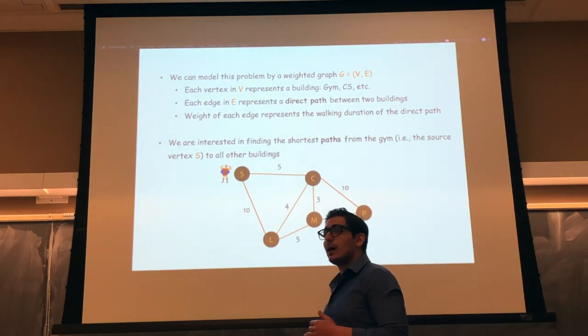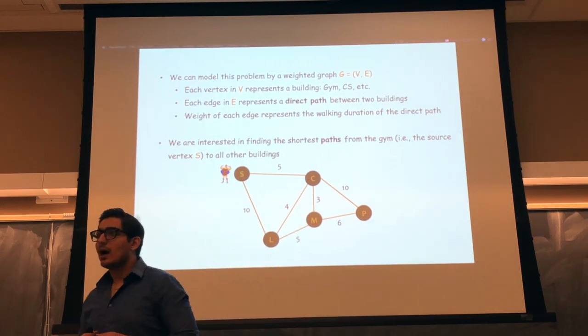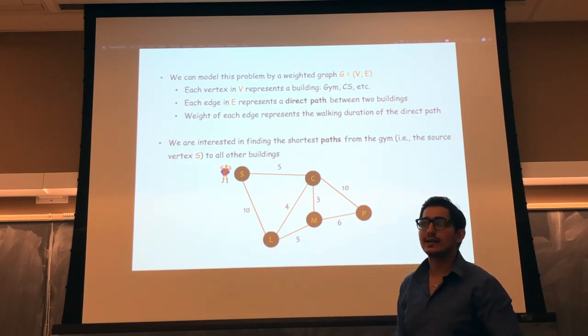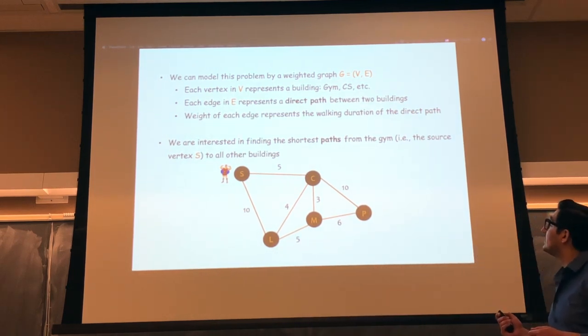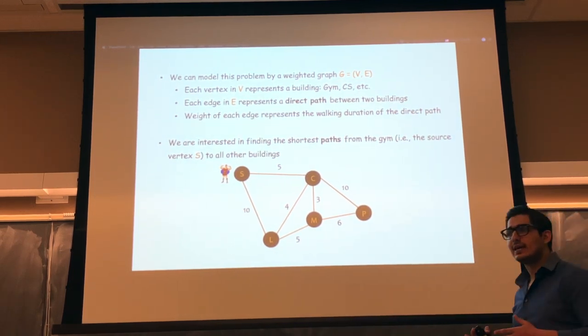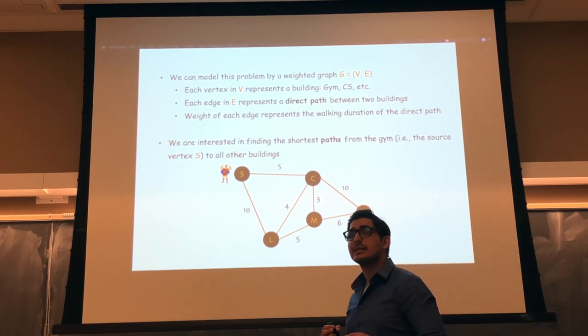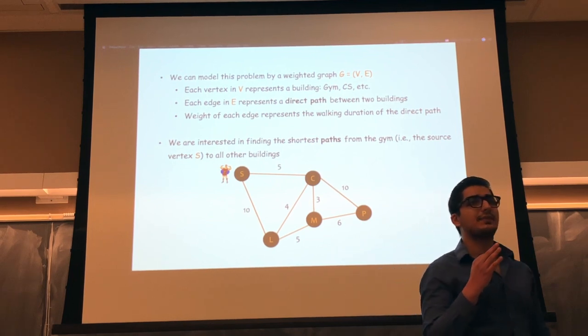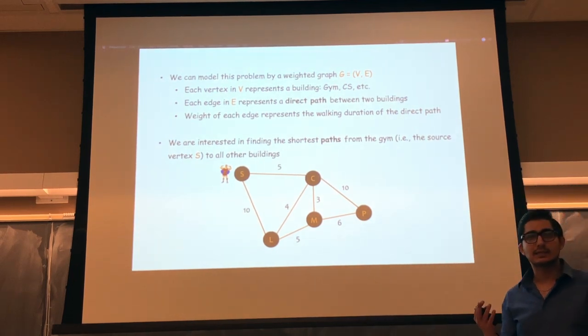As we've learned in previous classes, we know that we can model such problems using graphs. Consider a graph G with set of vertices V and set of edges E. Each vertex represents a building on campus, and each edge represents a direct path between two buildings.